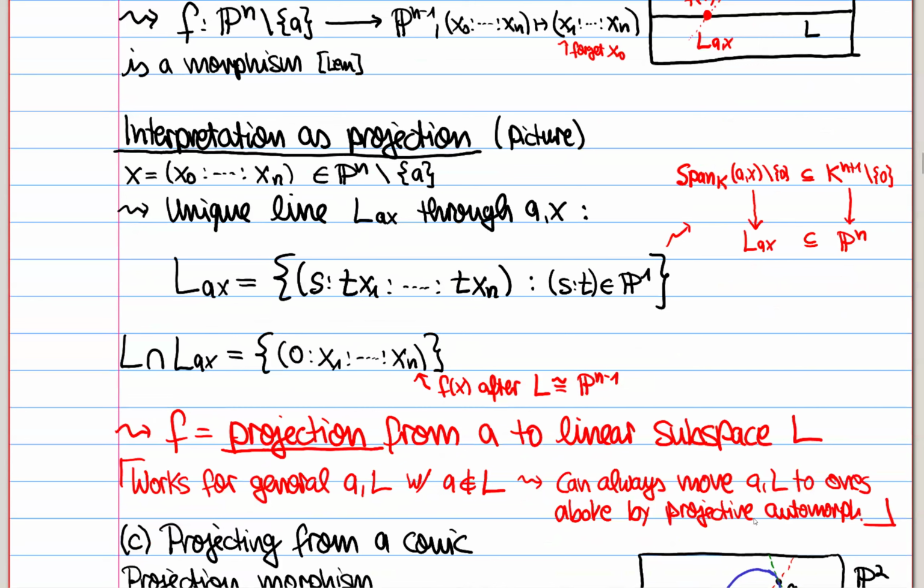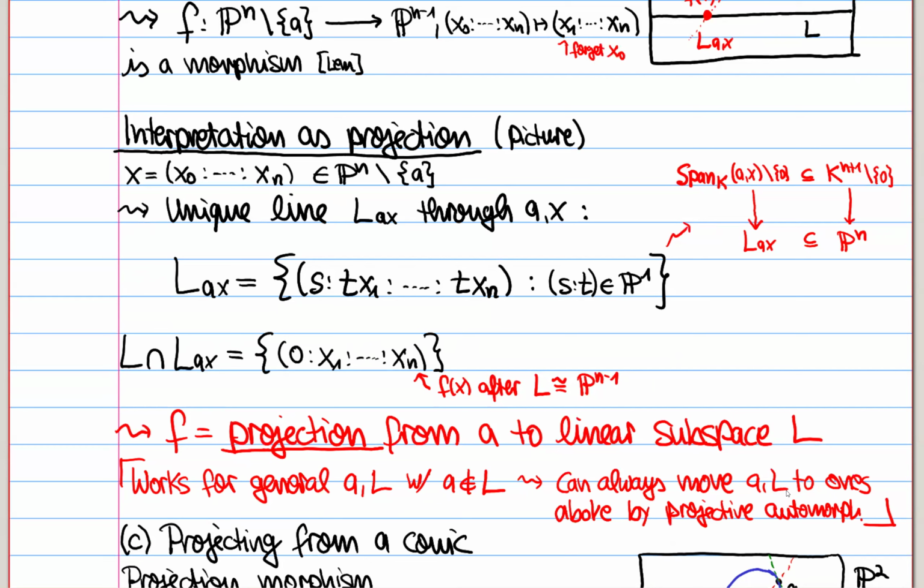So you can move those things by a projective automorphism, and there you know what the projection should be, and so you can get the projection from the given A to L by composing with this isomorphism. Again, you might want to pause and convince yourself of this.